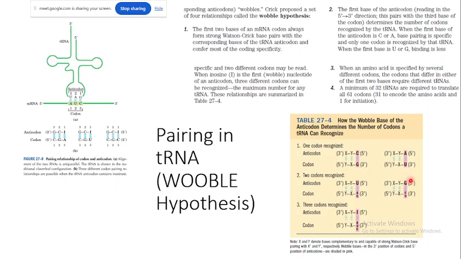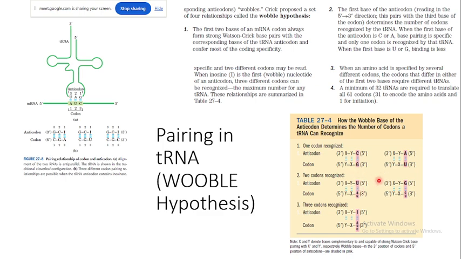And as we know, if two different codons have any difference in the first two nucleotides, then it will require different tRNAs, whatever the wobble position is. It is independent of the wobble position.